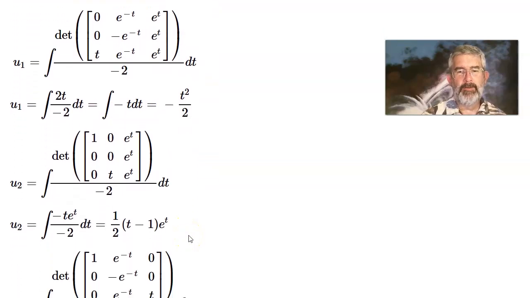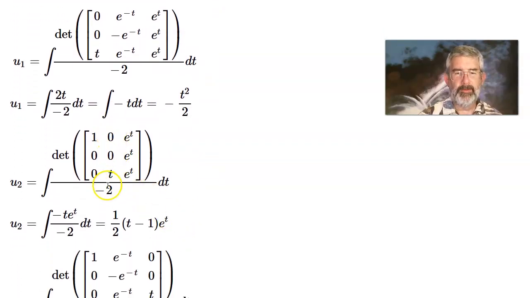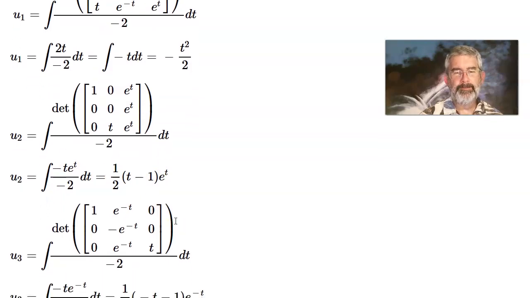Likewise, u2, here's this one with the 0, 0, t in the second column. Taking the determinant of that 3x3 matrix there, you get -t e to the t. And so integrating, there's an integration by parts that has to be done. Anyway, it turns out to look like that.